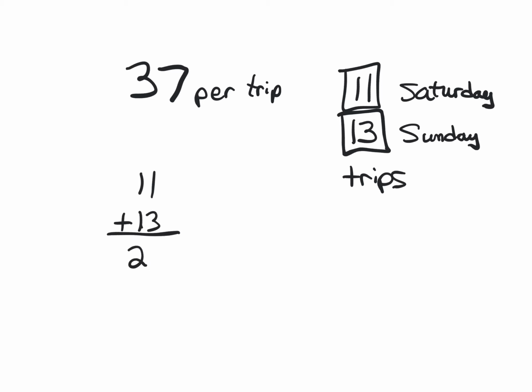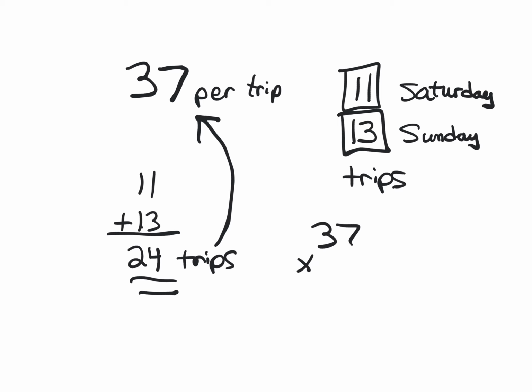We know that the ferry made a total of 24 trips. We also know that each of those trips had 37 cars. So the ferry carried 37 times 24 trips.